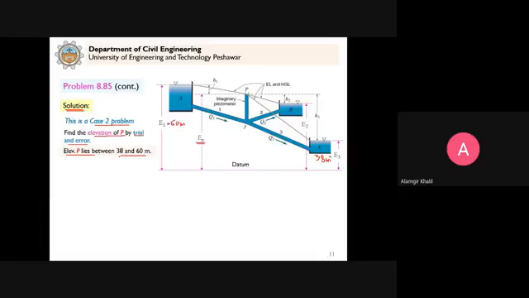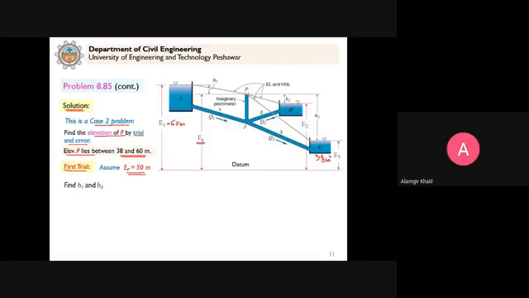Now we have to start from somewhere, but the elevation of P we have to consider between these two elevations. So we go for the first trial and let us assume EP equal to 50 meter. This is just an assumption as a first try.